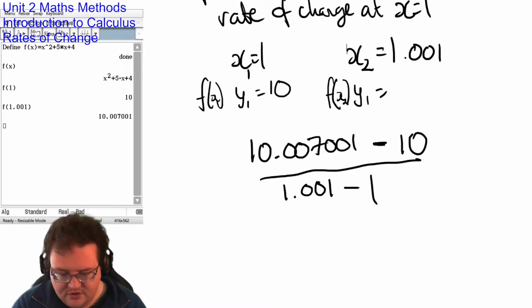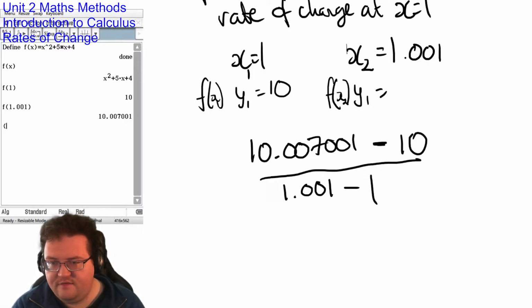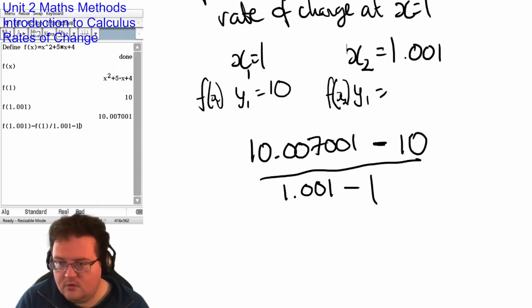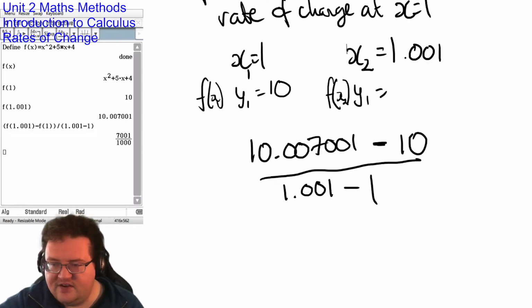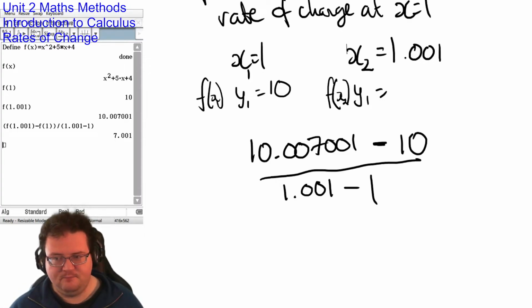So I'm going to do that. So it's going to be f of 1.001 minus f of 1 divided by... your CAS, you can just do this with your CAS, and the answer is 7,000 over 1,000, or 7.001.